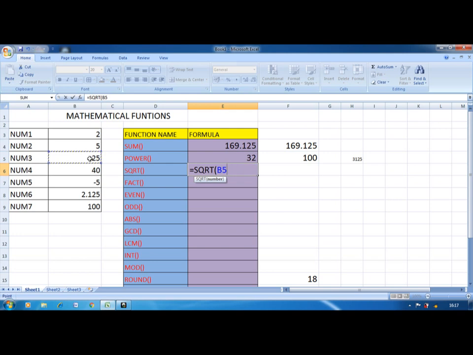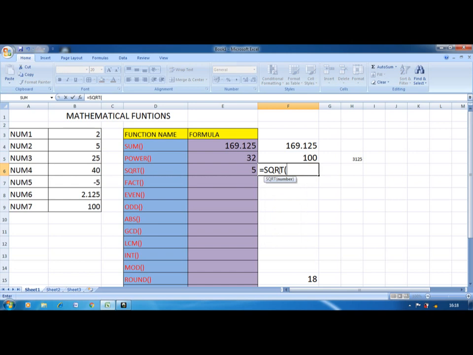I have taken the address B5 because all of you know the square root of 25. It is 5.